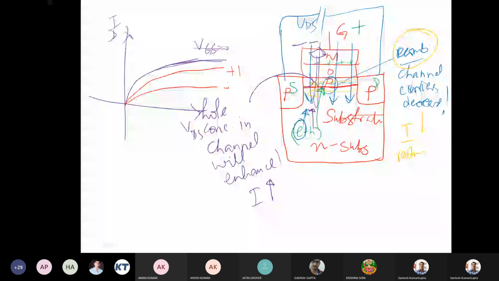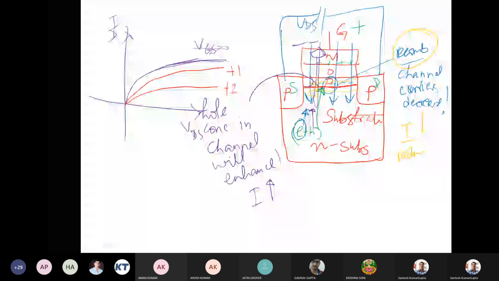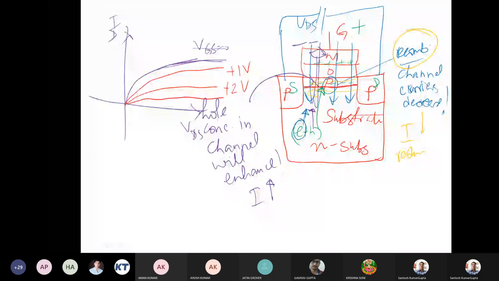Suppose we apply a further positive gate voltage, then this current is going to decrease further, and so on, and there will exist a gate voltage for which the channel will vanish and no current is possible.